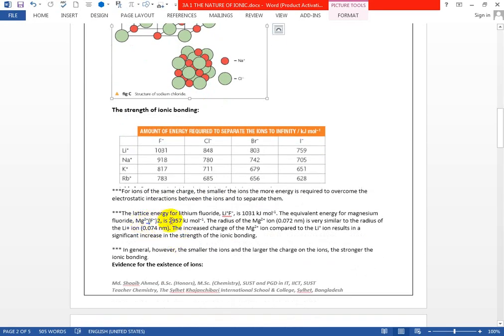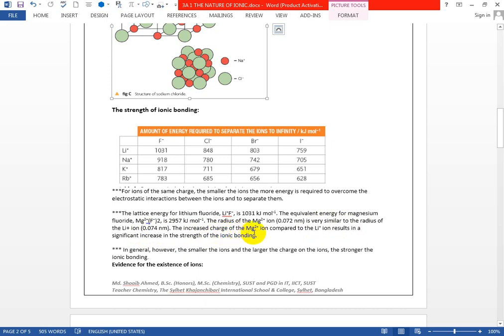Look, the lattice energy for lithium fluoride is 1031 kilojoules per mole. The equivalent energy for magnesium fluoride is 2957. It is double. The radius of the magnesium ion is 0.072 nanometer, which is smaller than the radius of the lithium ion, 0.074.